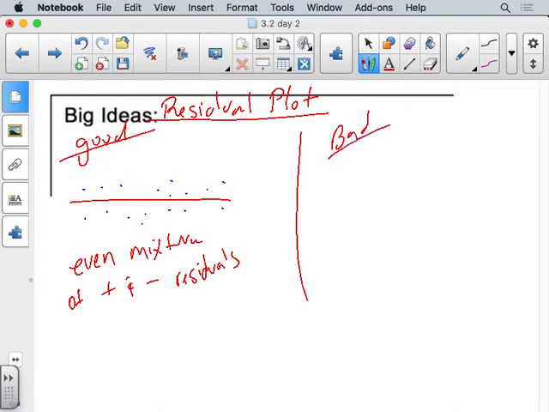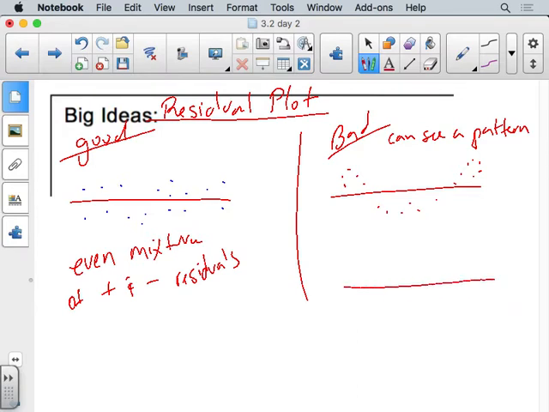A bad one shows a pattern. If you have any sort of pattern, it's not a good thing. So bad would be where you can see a pattern. An example like we just did would be you have some above, some below, and then you come back above again. That would not be good.